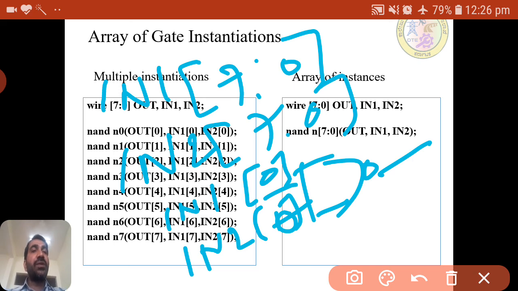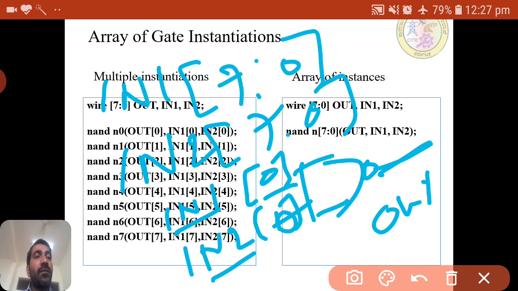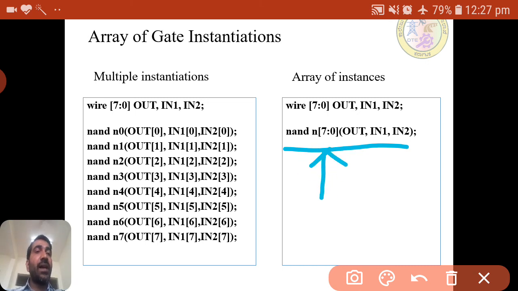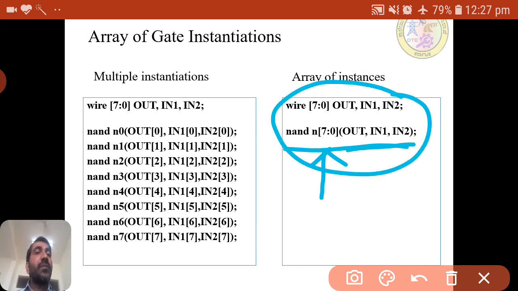How to do the AND operation on individual bits? IN1 of 0 and IN2 of 0 are both given to out of 0. Like this, there will be 8 gates. In that case, how to write the code? NAND, then the instance name, then 7 down to 0 size, and then out, in1, in2. So this is the one-line instantiation of the 8 gates.